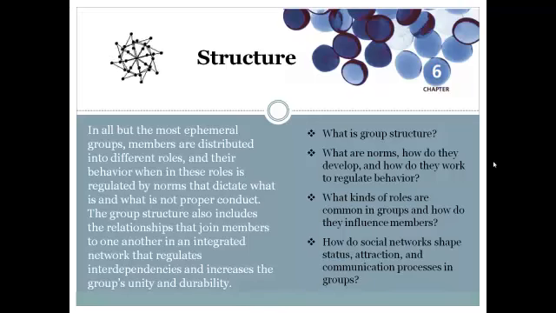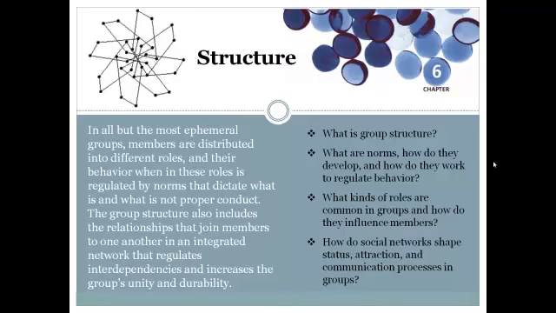There are certain cases where people take different roles within the group. One person might be a leader, one person might be a recorder, whatever it happens to be. But as you'll see, the structure of groups is very important.